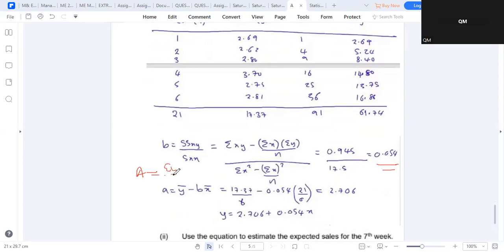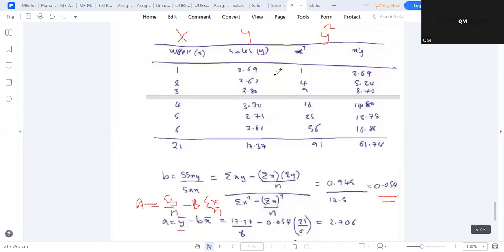0.054. Your b is 0.054. Your a is simply the summation of y over n, which is the mean of y, minus b times the summation of x over n, which is the mean of x. It's the same thing, don't get confused. So when you get your slope, 0.05, you put it here. Then summation of y over n: our summation of y is 17.37.